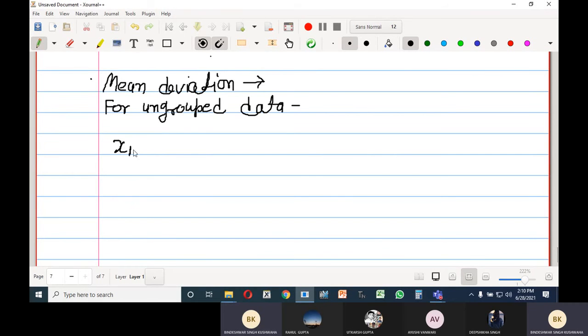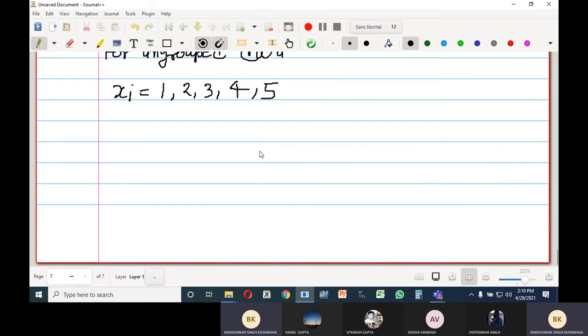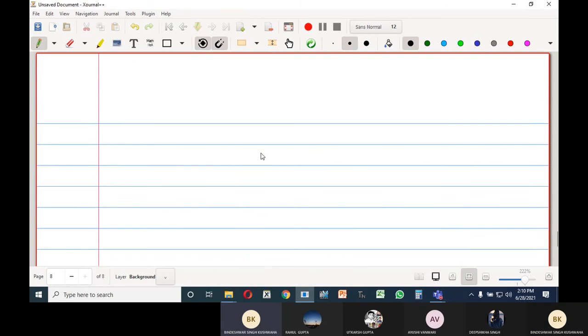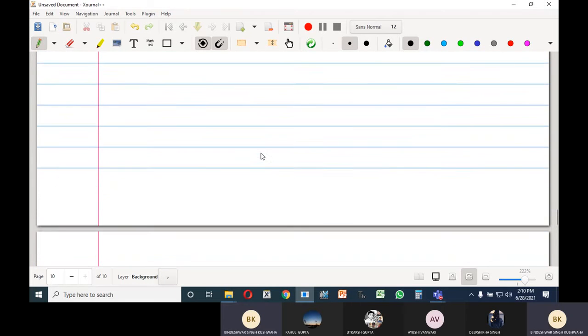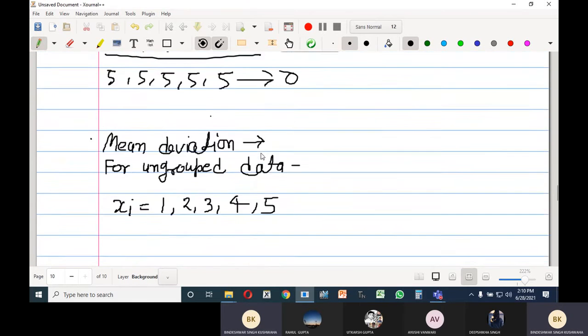xi is equal to, simple, 1, 2, 3, 4 and 5. So what you will do, simply you will calculate mean.